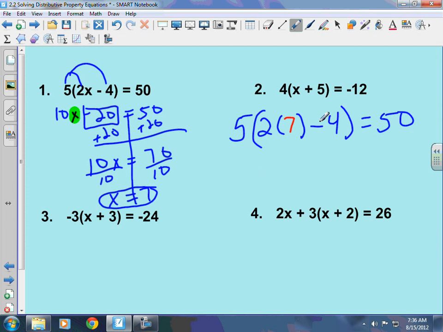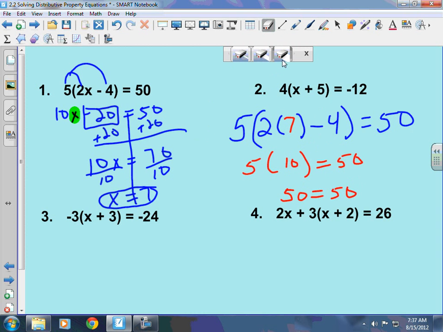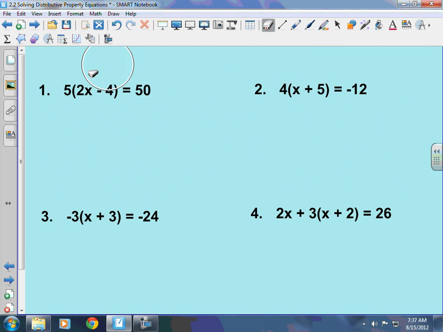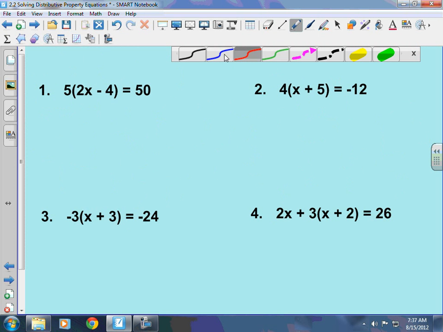So now I simplify inside my parentheses. 2 times 7 is 14. 14 minus 4 is 10 equals 50. Does 5 times 10 equal 50? Yep. Because this equation equals itself, that means I solved it right. That's the important part of this.